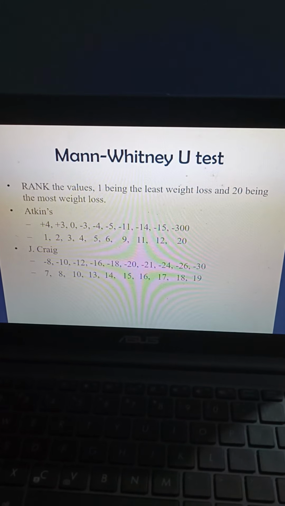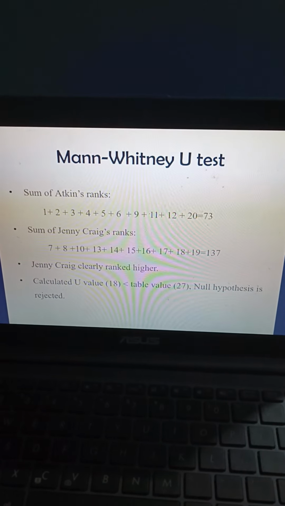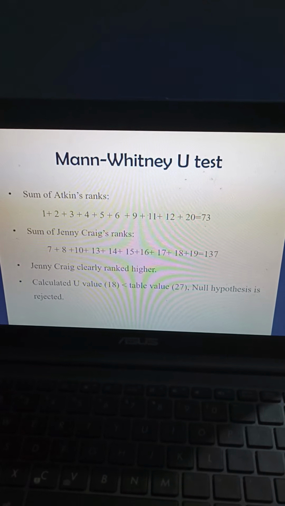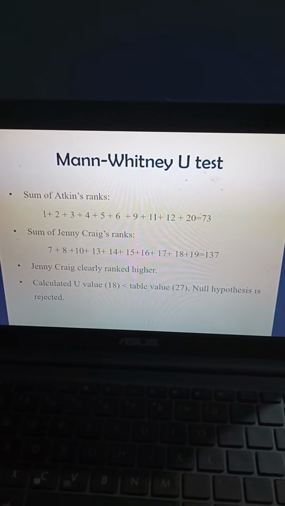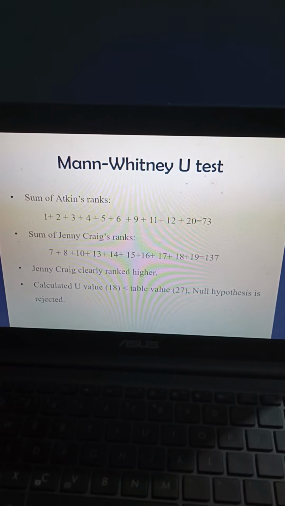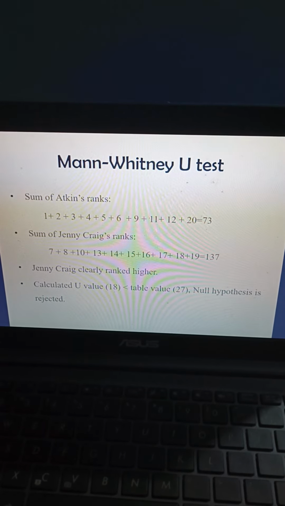Atkins, J. Craig, these are the values, and the sum of Atkins ranks, then the sum of Jenny Craig's ranks was found out, and Jenny Craig clearly ranked higher. Calculated U value is less than table value, so 18 is less than table value 27, null hypothesis rejected.